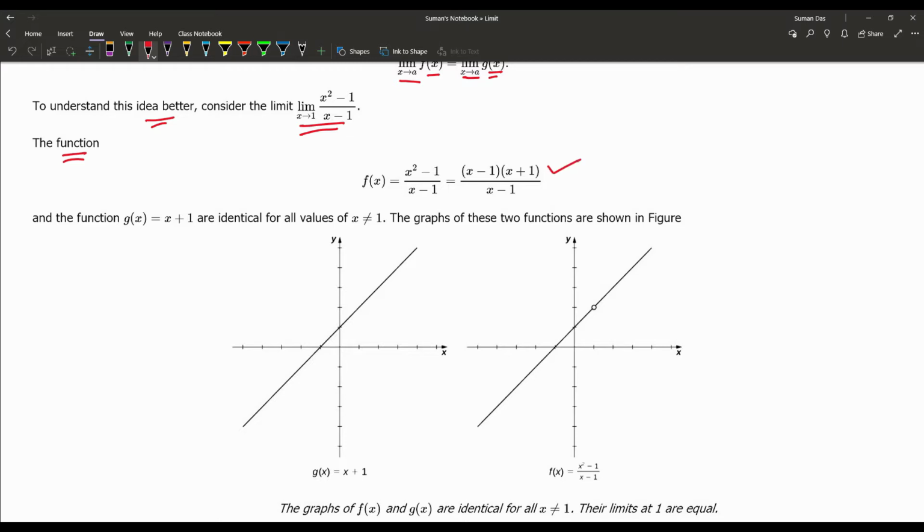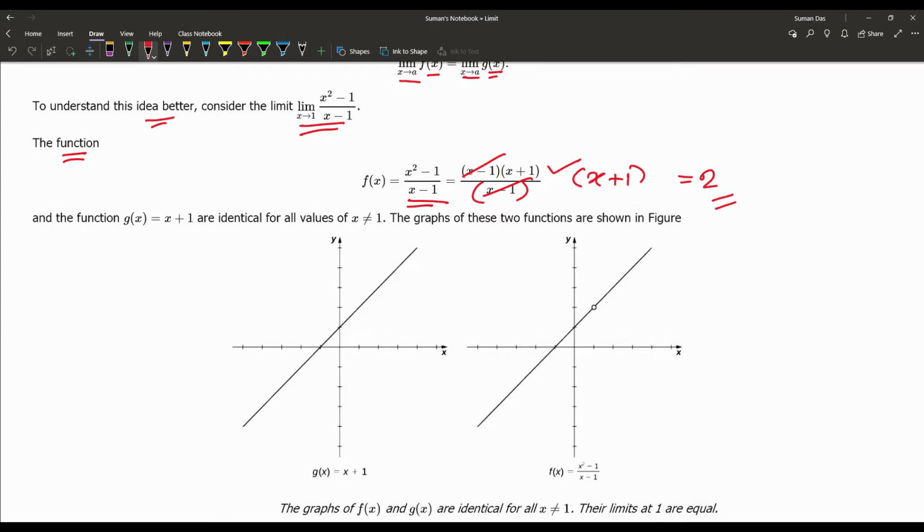The denominator is x minus 1, so we can omit x minus 1 from numerator and denominator. The function becomes just x plus 1. Putting x equal to 1, we get the result 2 for the limit.